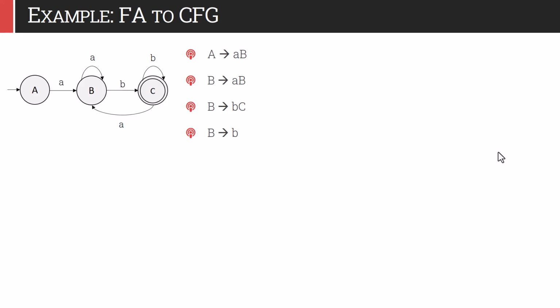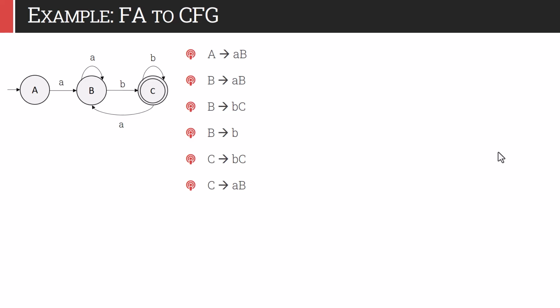From capital C, there are two arcs, so we will add two productions, plus, on reading b it is going to the final state, because C is a final state. So there will be three productions for capital C. On reading b, it is remaining on the same state, so we add the production C gives bC. On reading a, it is going to state B, so that will be C gives aB.